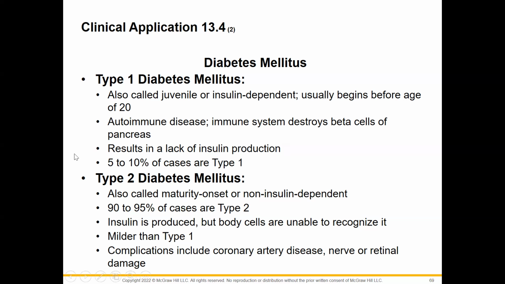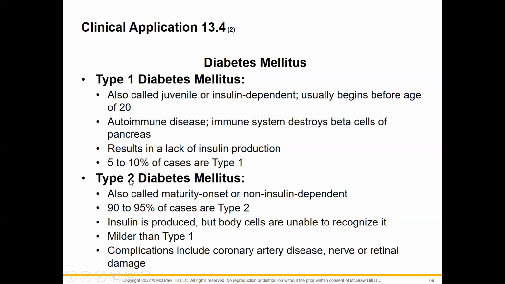Type 1 diabetics make up about 5 to 10% of total cases of diabetes diagnosed. Of all the people who are diagnosed with diabetes, 5 to 10% of those have type 1 diabetes.